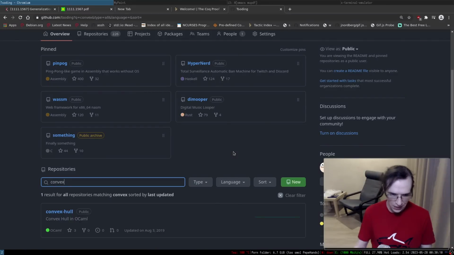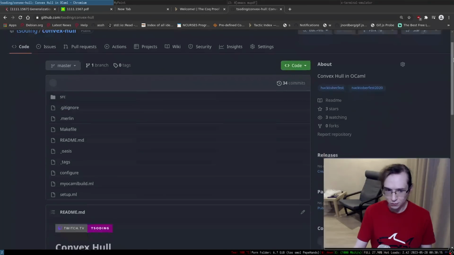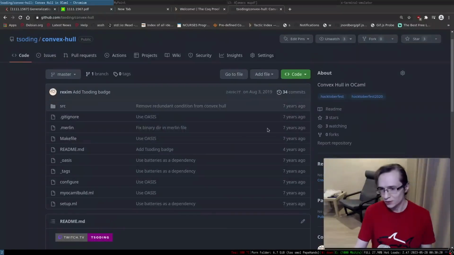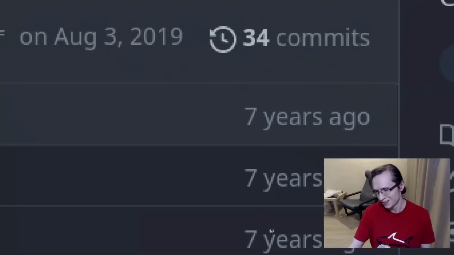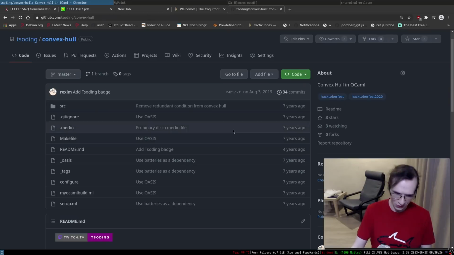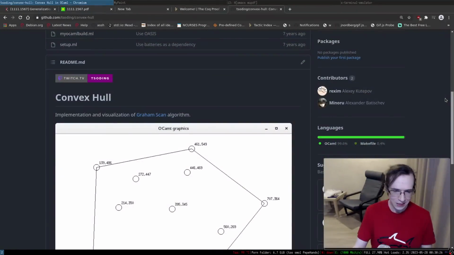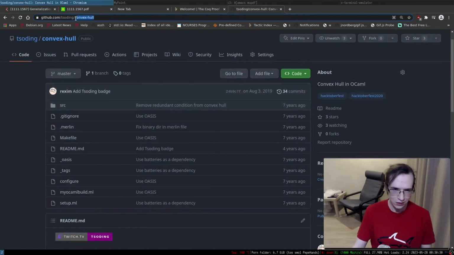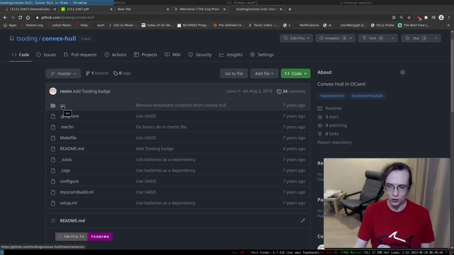I implemented the Convex Hull algorithm in OCaml 7 years ago. And somebody referenced this in a scientific paper where they were trying to automatically parallelize functional programming algorithms, and this is the only functional style Convex Hull implementation that they could find.